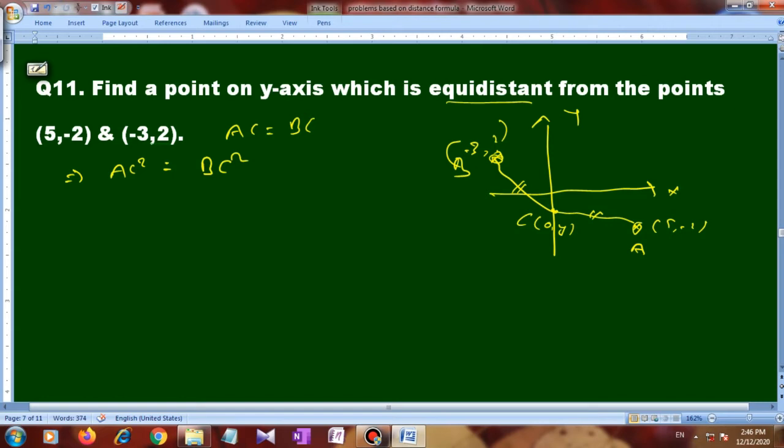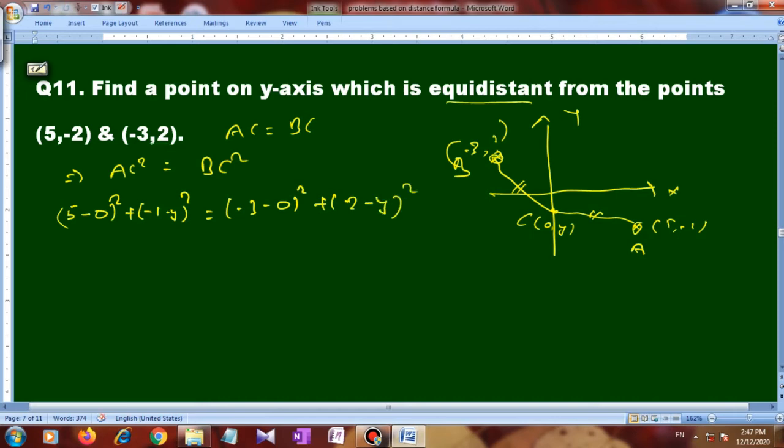So using the distance formula, AC means (5 minus 0) whole square plus (y2 minus y1), means (minus 1 minus y) whole square, equal to BC, means (minus 3 minus 0) whole square plus (2 minus y) whole square.